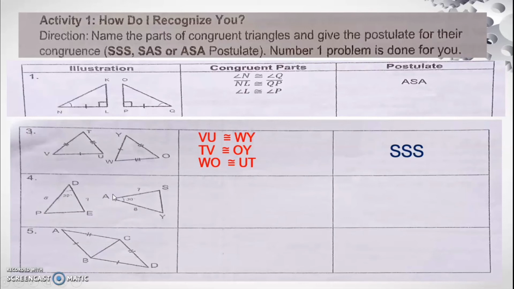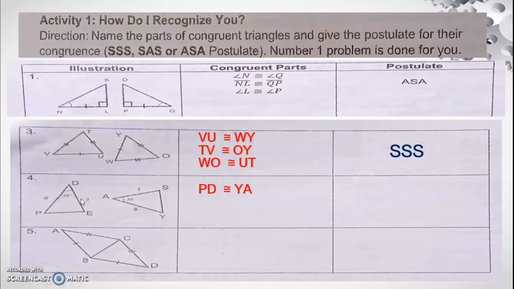Number 3, the given is side, angle, and side. So first side is PD congruent to side YA.